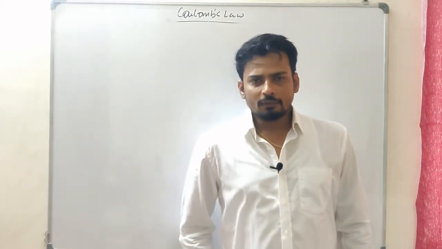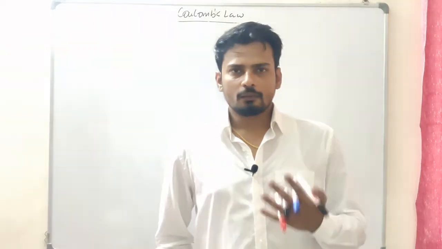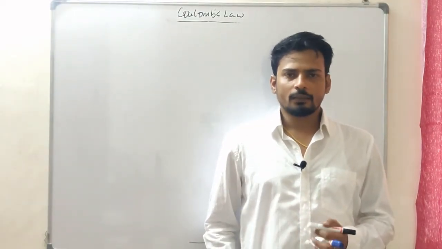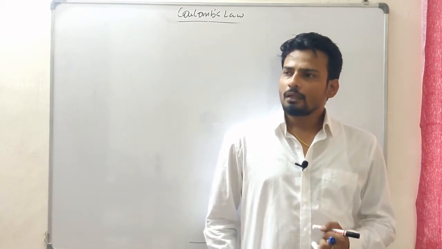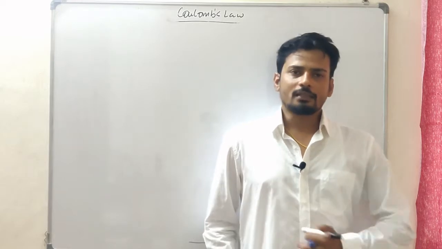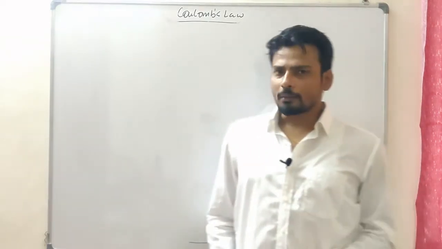Now let's say I put the charge in 3 dimensions, or probably in 2 dimensions, when we have x and y both coming up, then what do we do in those kinds of cases? Now the fact is, Coulomb's law in the vector form gives you the magnitude as well as the direction. This is not a very difficult thing, but you need to have a clear concept of it.